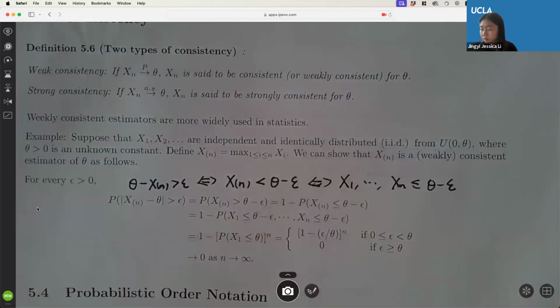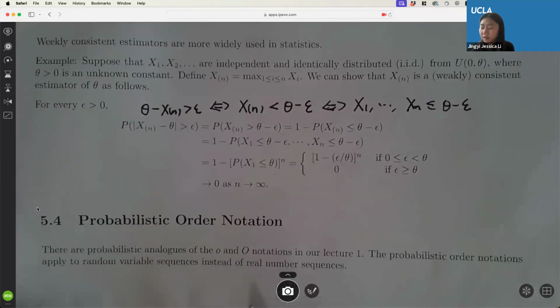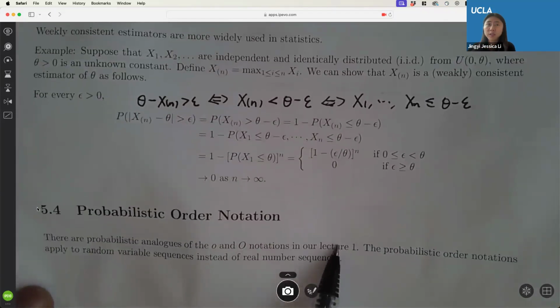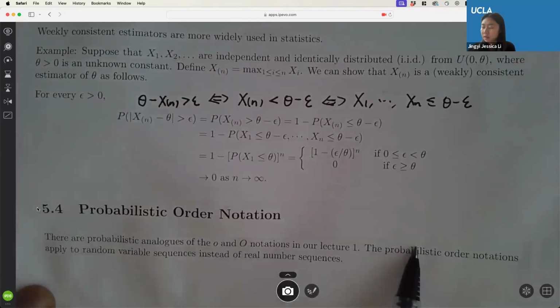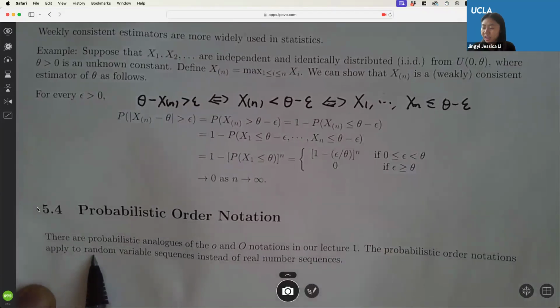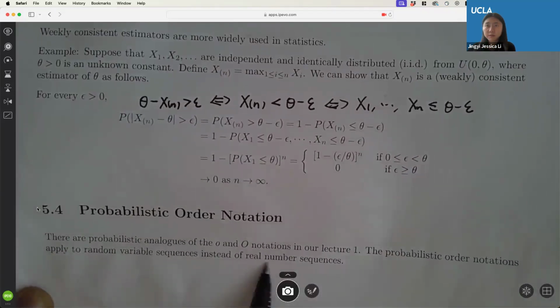Okay, so that's it: consistency, weak consistency, and strong consistency. Another thing we want to talk about: now that we have convergence in probability, we can generalize our small o, big O from lecture 1 to this probability sense. In other words, here we are looking at random variable sequences instead of real number sequences as in lecture 1.